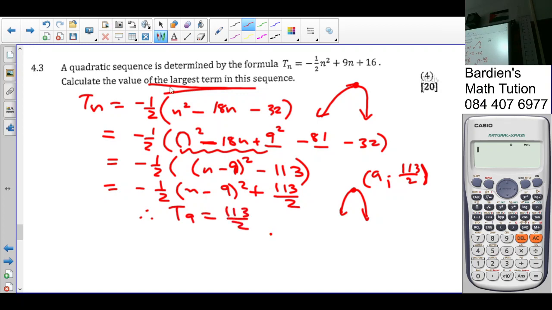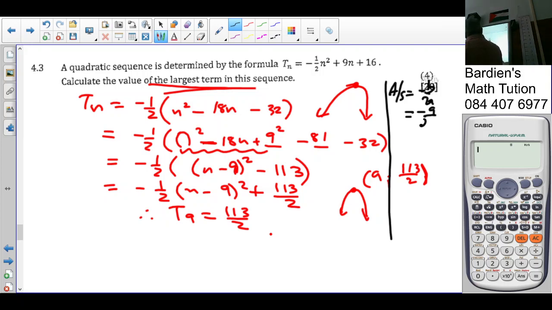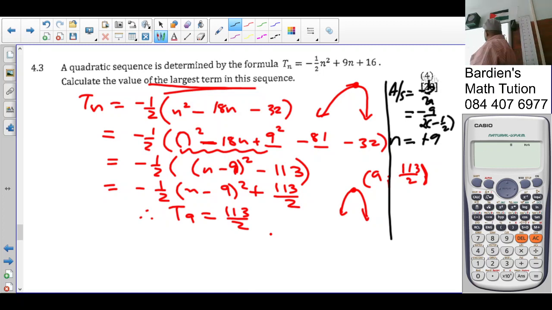That's one way of doing it. Otherwise, I could have worked out the axis of symmetry, which is minus b over 2a, which is negative 9 over 2 times negative half, which is positive 9. Normally it's an x value, but here it's going to be an n value. Then what do we do with that? We substitute 9 into this. So we work out T9 equals negative half times 9 squared plus 9 times 9 plus 16, which gives you positive 113 over 2.